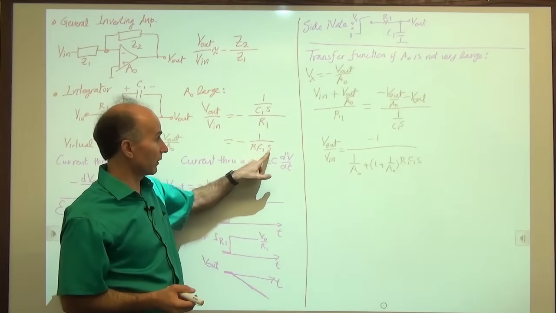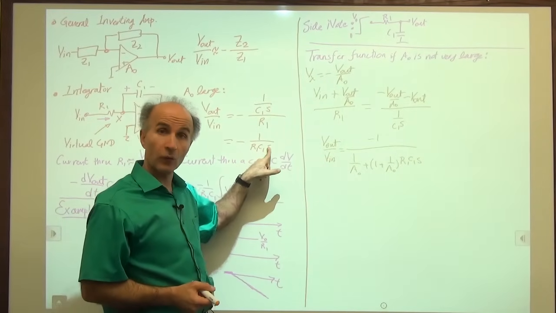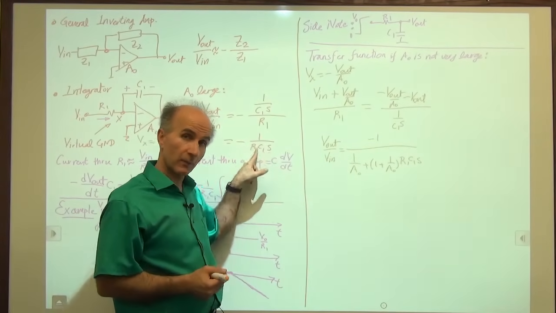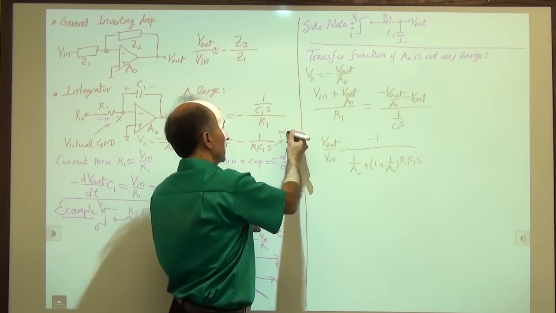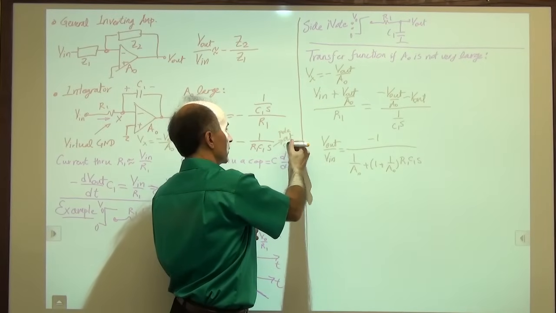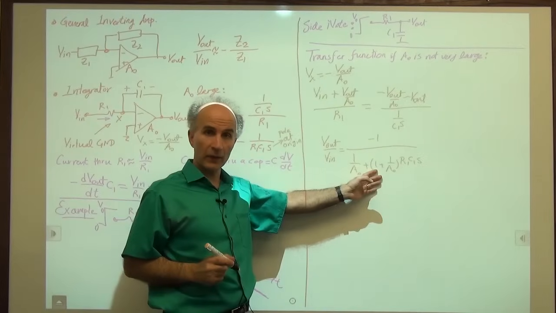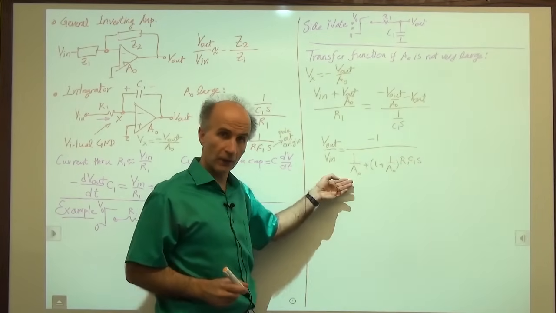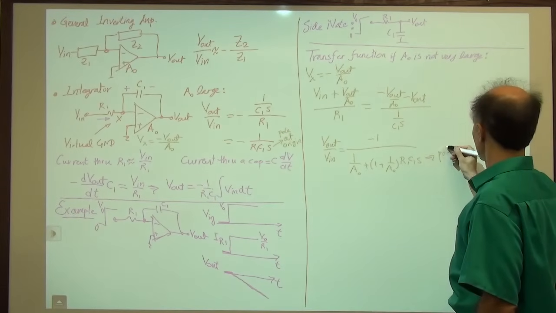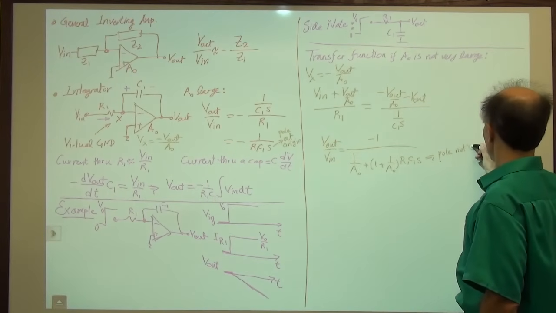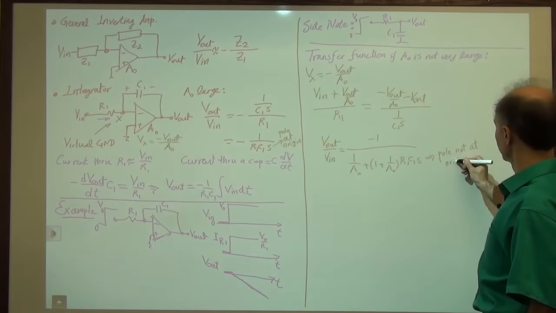Here we have a pole at the origin. If I set the denominator to 0, I see that that's true only if S is 0. So this has a pole at the origin. So we'll write that pole at origin. Whereas this one no longer has a pole at the origin. If I set this denominator to 0, it's a different place. So we say that pole not at origin.